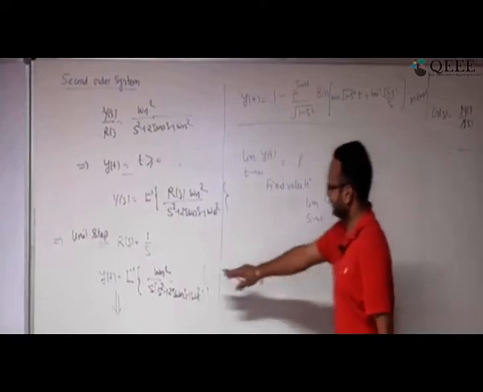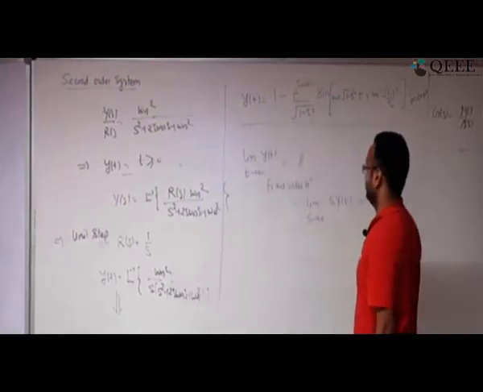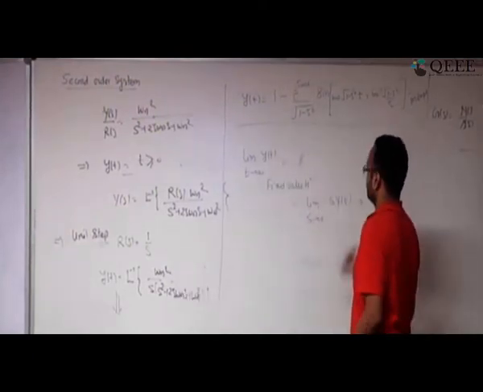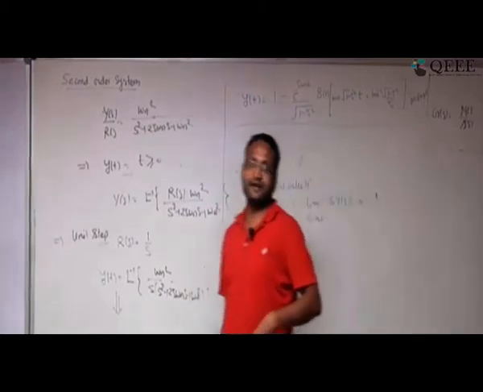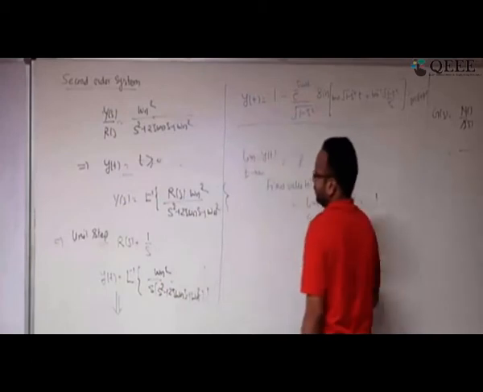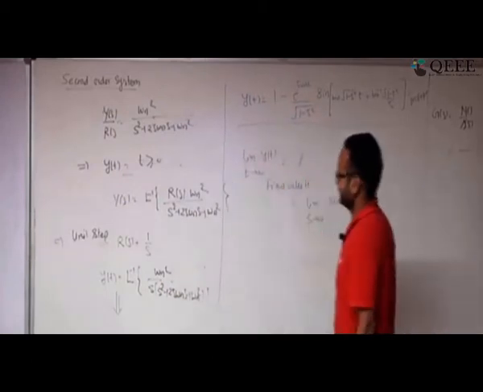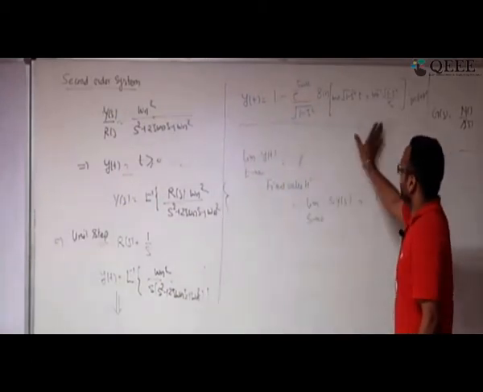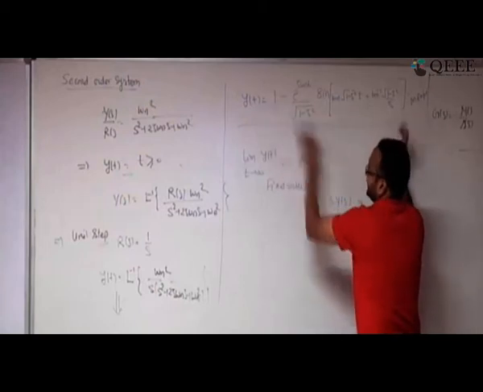If you work it out here, y(t) will tend to 1. So in this case, if you take a second order system, you are getting a steady state value of 1. So you are ultimately reaching a steady state value. Okay. So we have to understand this term. For that, I wanted to explain.